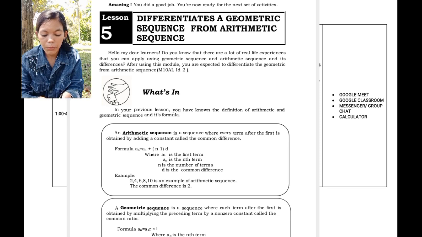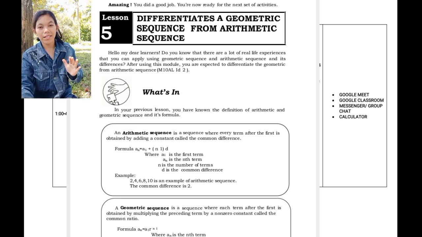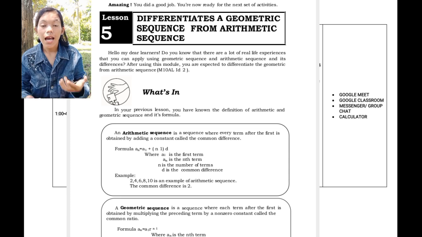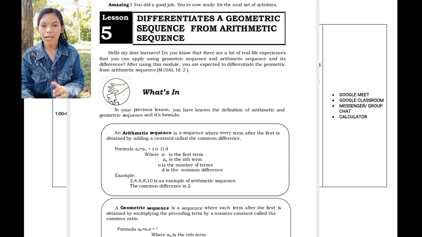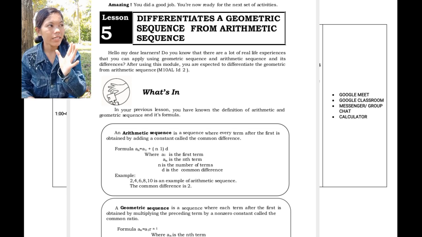Example of formula is an equals a1 plus (n minus 1) times d. So geometric sequence is obtained by, kung ang arithmetic by adding, ang geometric sad is by multiplying or dividing, or ang arithmetic sequence is by adding or subtracting. Ang geometric sequence sad is multiplying and dividing.